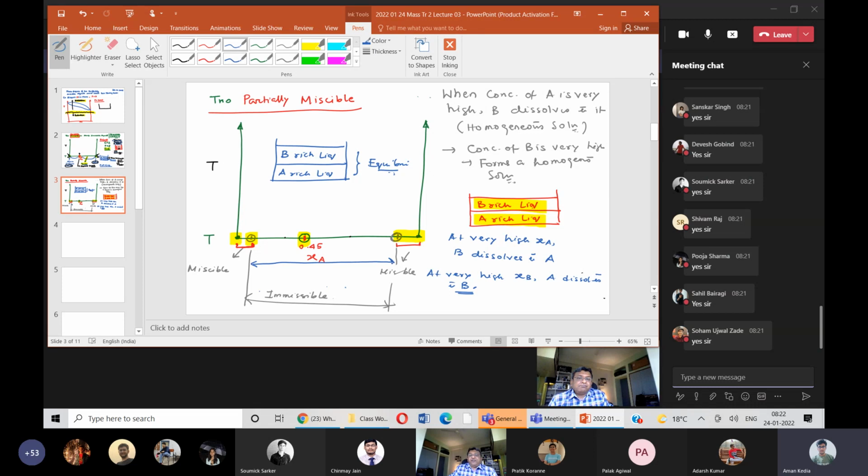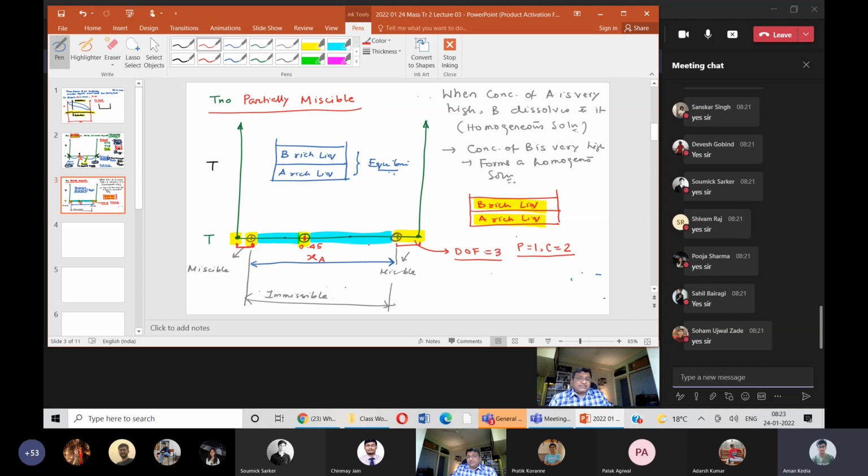What is the degree of freedom? It turns out that within these 2 yellow highlighted zones, the degree of freedom is 3. Why? Number of phases is equal to 1, components is equal to 2.